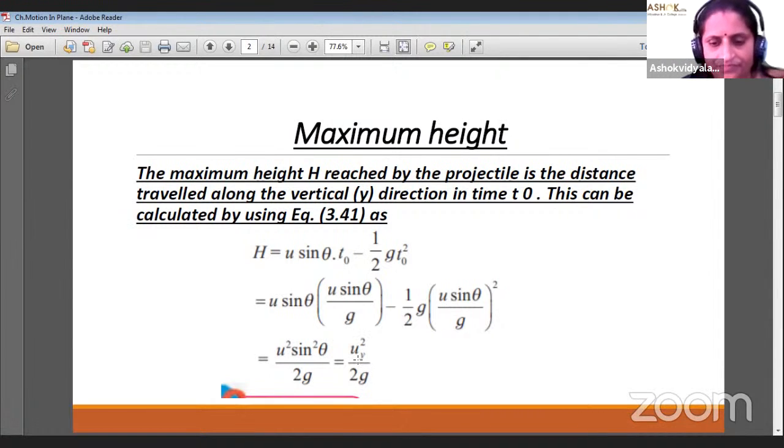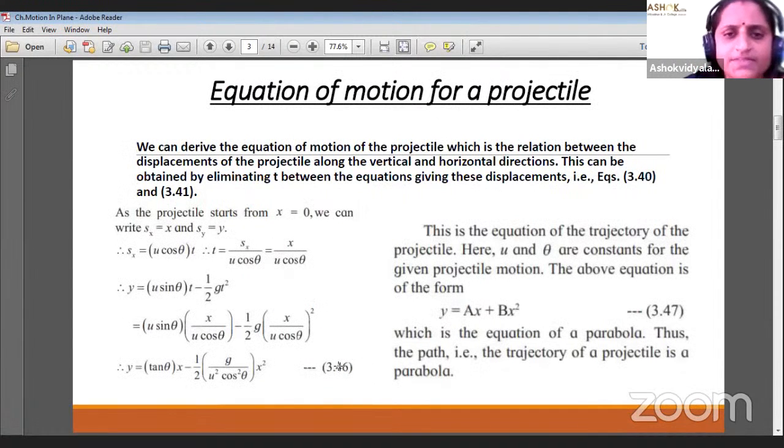Now, the next point is the equation of motion of a projectile. We can derive the equation of motion of the projectile, which is the relation between the displacement of the projectile along the vertical, that is the y direction, and along the horizontal, that is the x direction. This can be obtained by eliminating t between the equations giving the displacement.